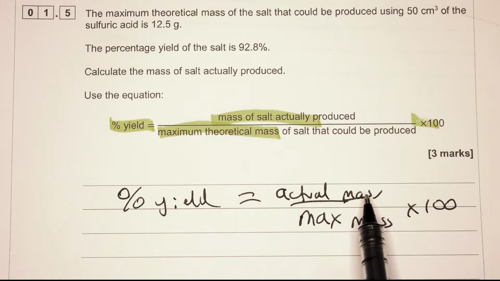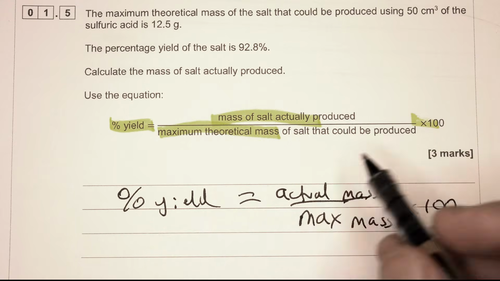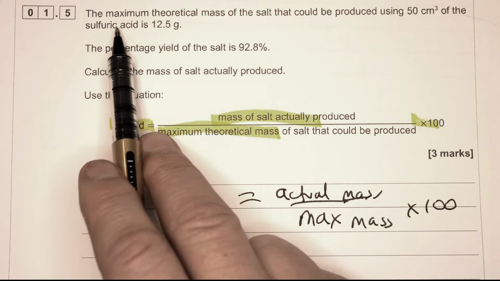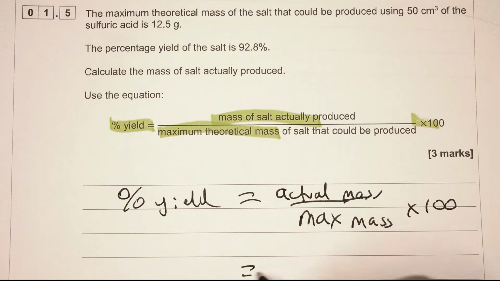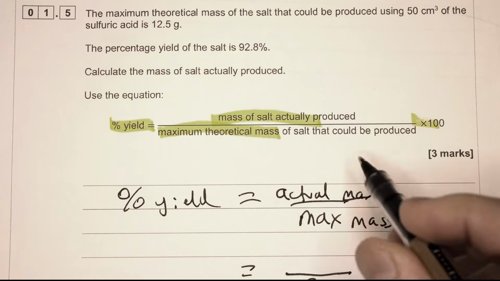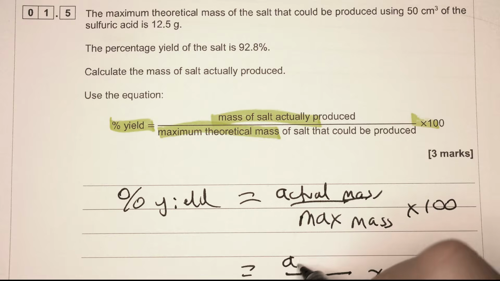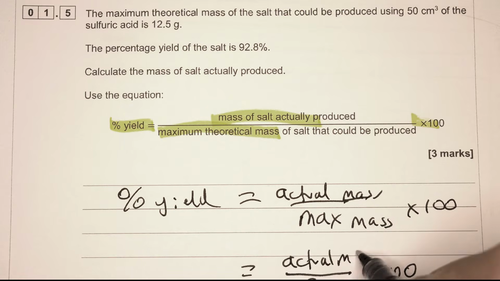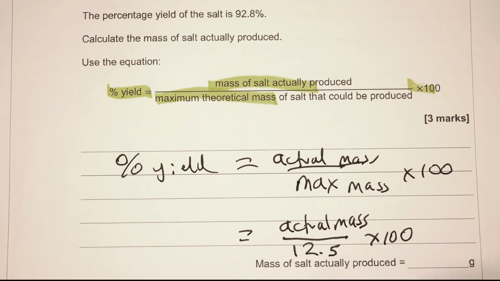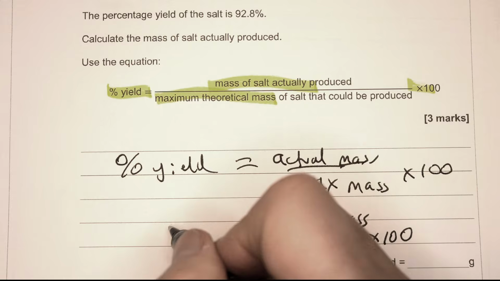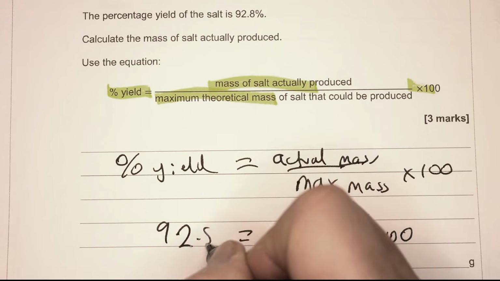Percentage yield is actual mass over maximum mass times 100. So let's put in what we've got. We've got the maximum mass is 12.5 grams. We're looking for the actual mass, and the percentage yield is 92.8.